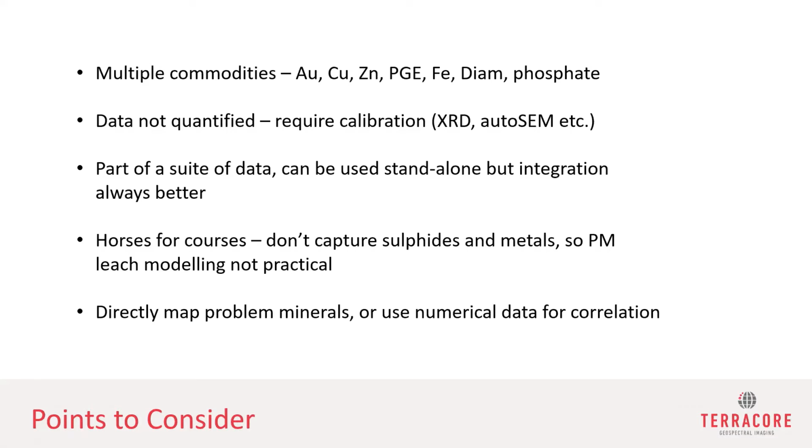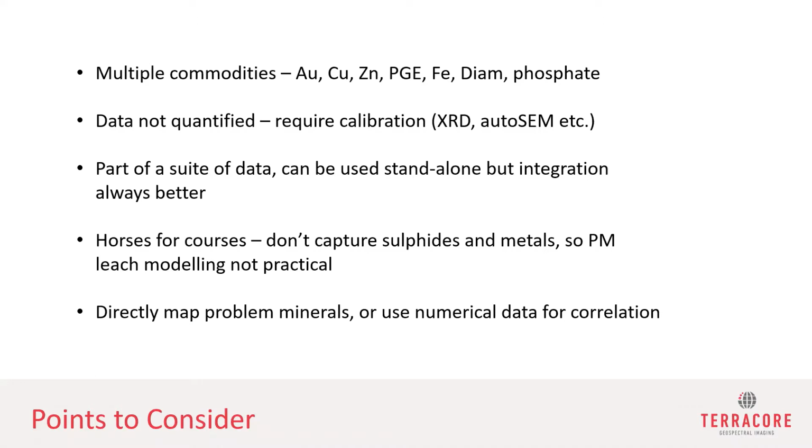Also make the point that although we do collect fantastic and wonderful data, it's not everything. And while we have used it as a standalone, we've always found that integration with other data sets is better. So where you've got things like geochemistry and an Equitip, etc., it's good to be able to pull all of that together in a multivariate sense. And then horses for courses. We don't capture sulfides or metals.